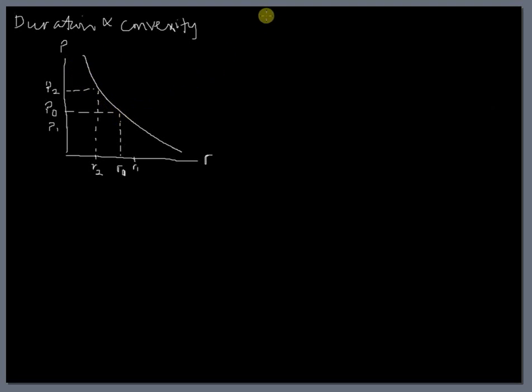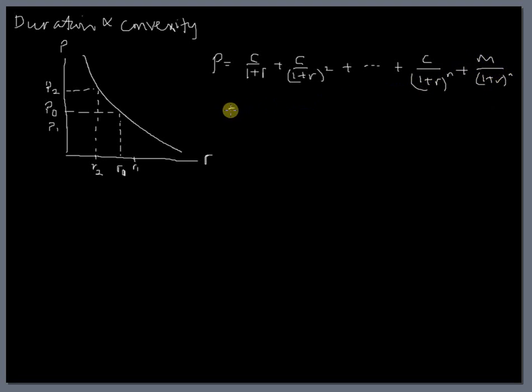So let me start again by writing down the bond price formula. Bond price can be represented by discounting all the cash flows of the coupons and the maturity par value to the present. So it will be C over 1 plus R, plus C over 1 plus R squared, and so on, plus C over 1 plus R to the power of n, and then the final par value M over 1 plus R to the power of n.